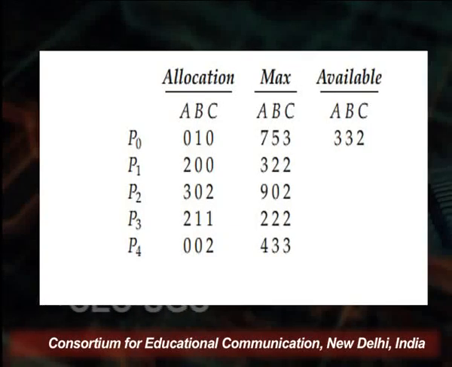Now, let us consider the figure which is available on the screen. I have the data structures available, max and allocation. Available shows what is currently available: 3 instances of resource A, 3 instances of B, and 2 instances of C. Max is what the processes have declared before execution.